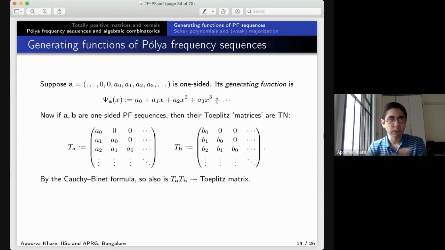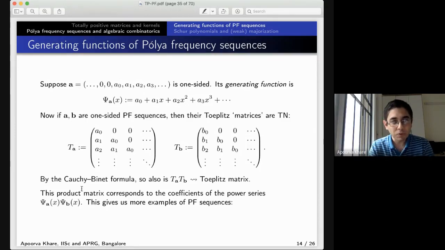Generating function is the usual thing you do. So if A and B are one-sided sequences, then these Toeplitz matrices are totally non-negative. That's literally the definition. Then you can invoke the Cauchy-Binet formula and check. It's very easy to check that if you literally multiply the two infinite matrices, then that is also Toeplitz, and it also corresponds to a Polya frequency sequence because of the Cauchy-Binet formula.